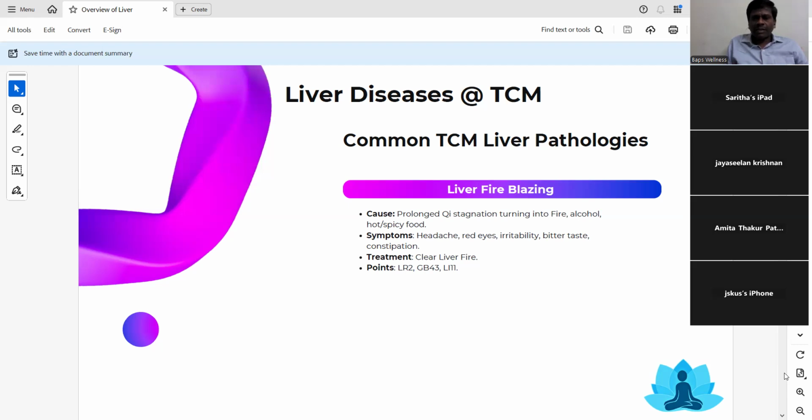This causes headache, red eyes, irritability, bitter taste in the mouth, constipation, and even the skin will become almost dry.